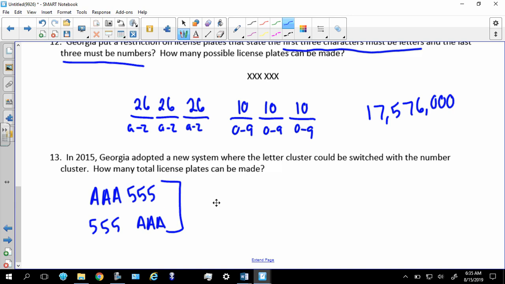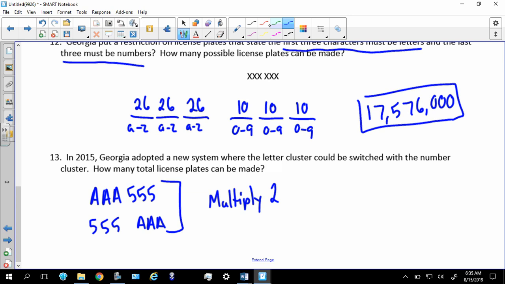So that means you are going to multiply by 2, because there's 2 positions in which the numbers and letters could be together. So you're going to take your answer from up here, times everything by 2, and you'll be able to get 35,152,000.